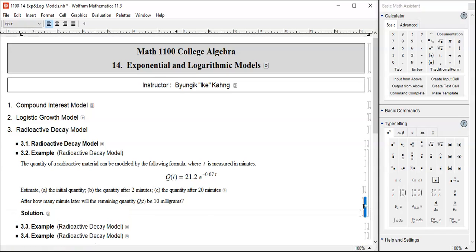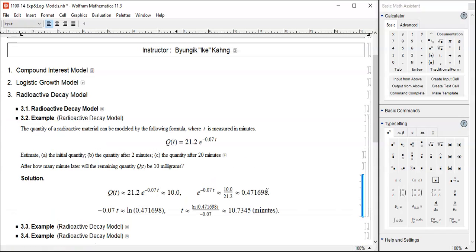So here we go. Solve for the exponential, and then 10 over 21.2 will turn out to be this number. Whenever you are using a calculation like this, keep sufficiently long decimals in the intermediate steps.